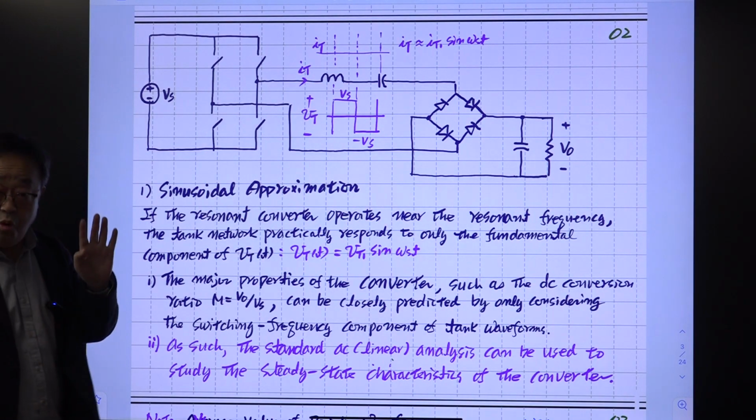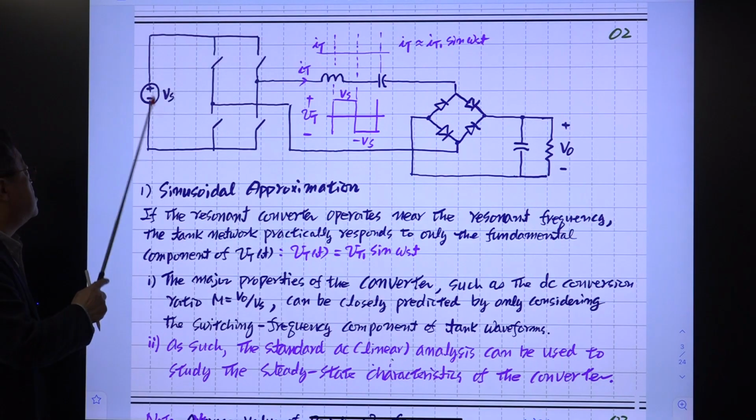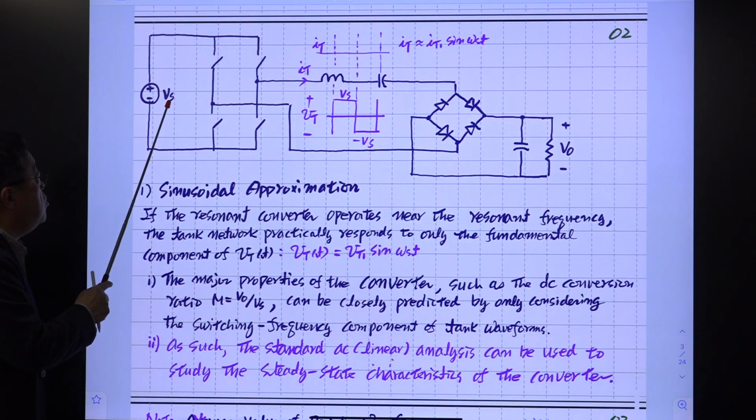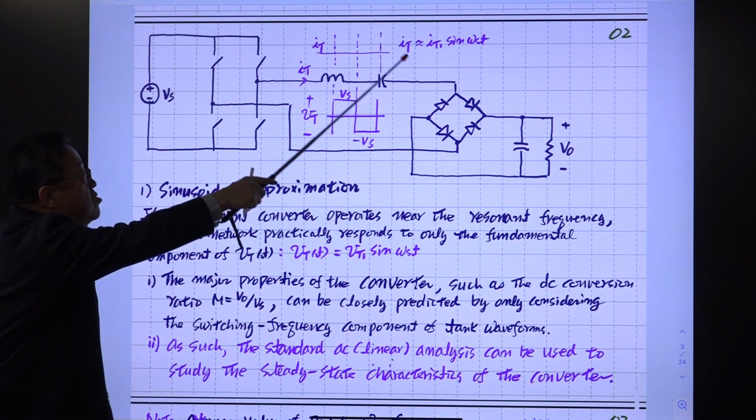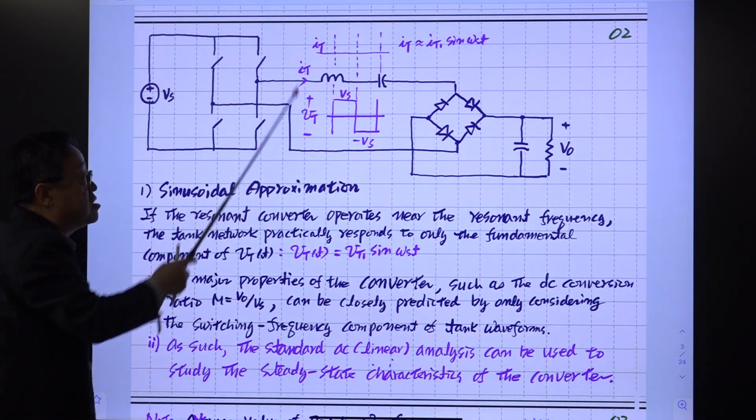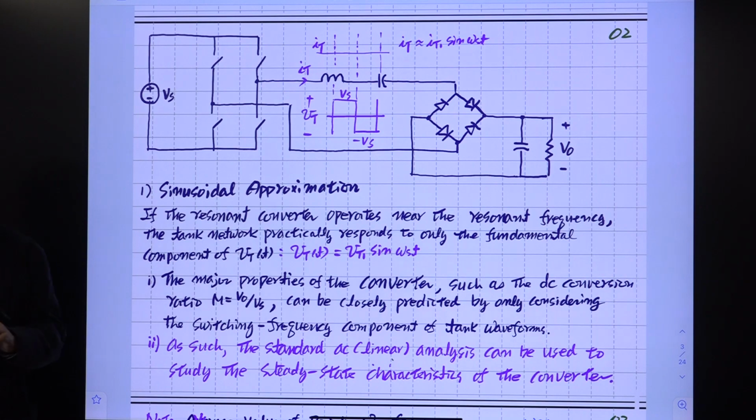For example, the voltage gain of this converter, input voltage to output voltage, is the same as the magnitude of the transfer function of this tank circuit, evaluated at the operational switching frequency. It's so simple. We'll go through that soon in the next slide.